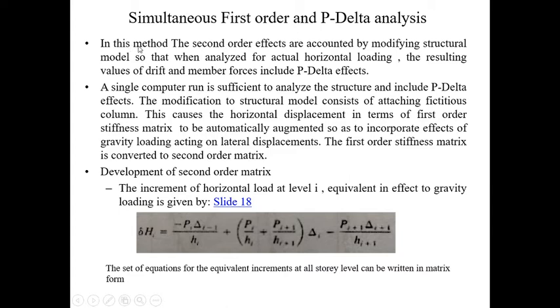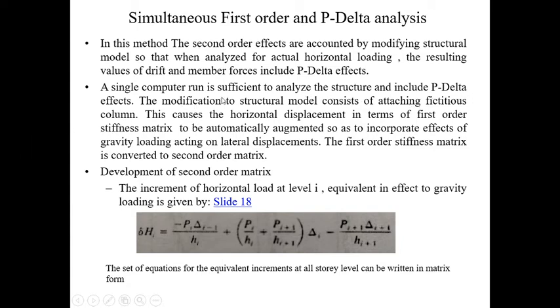In this method for the P delta analysis of the structure, the second order effects are accounted for by modifying the structural model so that when analyzed for actual horizontal loading, the resulting values of the drifts and the member forces will have the P delta effects. Then a single computer run is made, the analysis of the structure is carried out and includes the P delta effects.